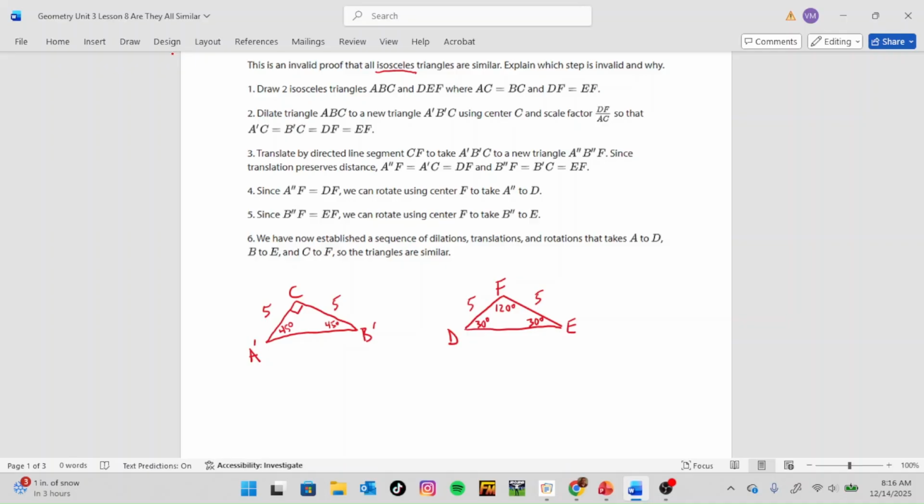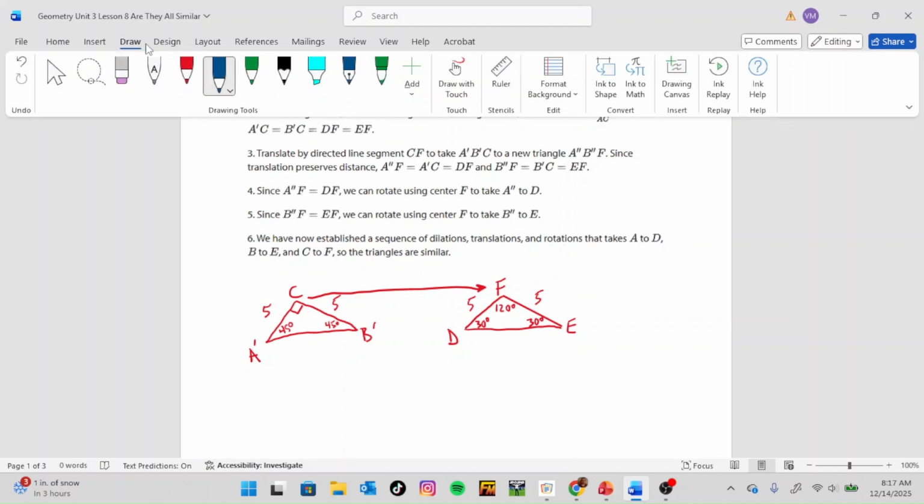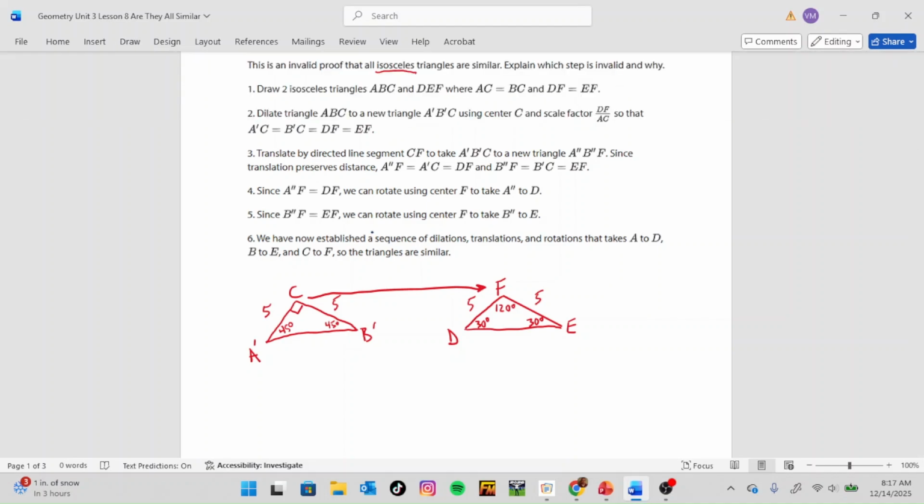Now, they want us to translate by a directed line segment, CF. So we're going to move it this way. And this way we can take A prime, B prime, C to a new triangle, A double prime, B double prime, F. So let's go ahead and put this new triangle in here.